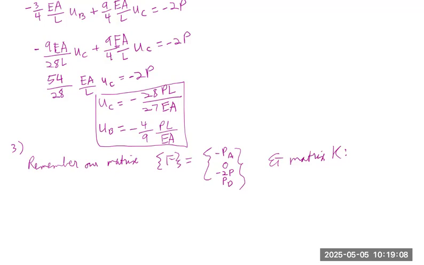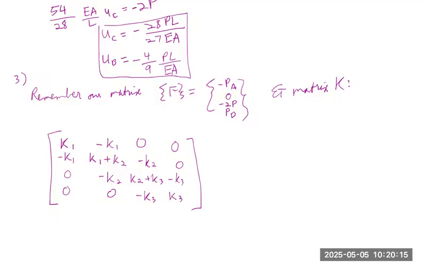So our matrix K was this matrix over here. So now we are not going to cross out the first and fourth rows anymore.